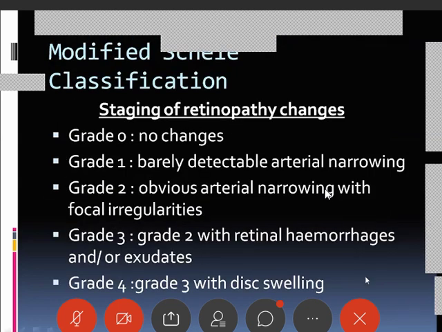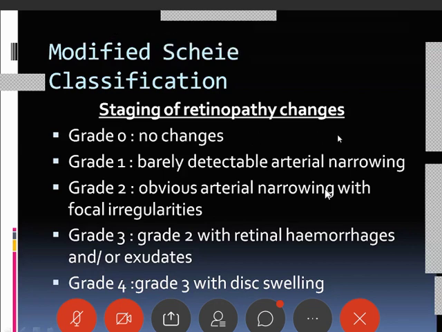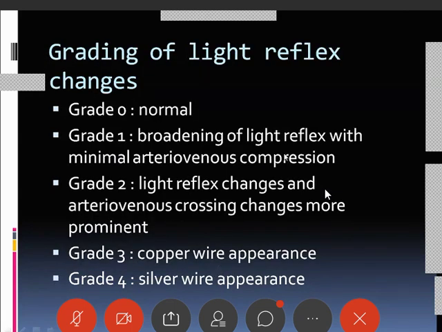The other classification is the modified Scheie classification, which is a combination of the Keith-Wagener-Barker classification and the Scheie classification. The Keith-Wagener-Barker classification is the staging of retinopathy changes, and the Scheie classification covers the light reflex changes.